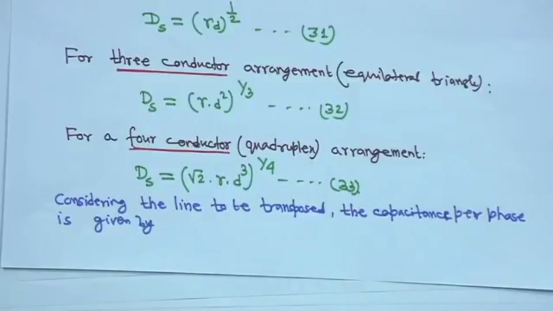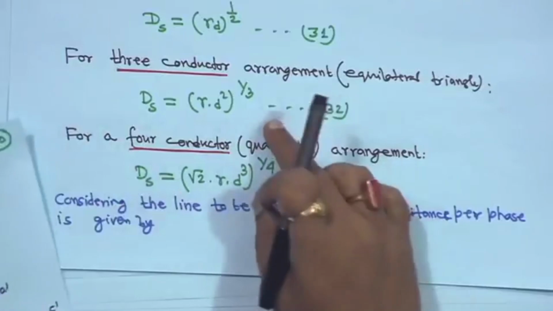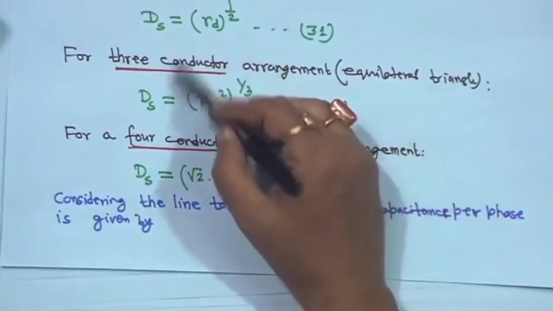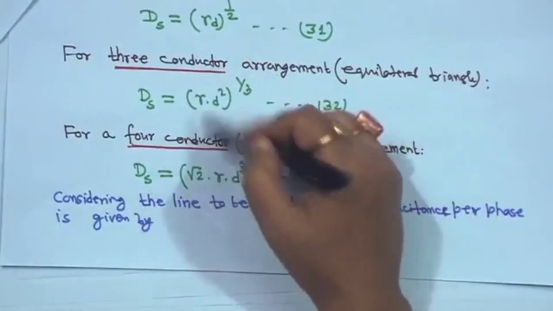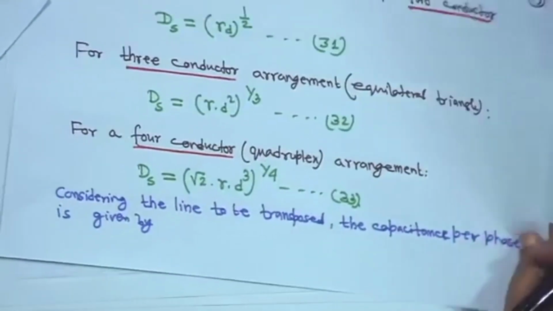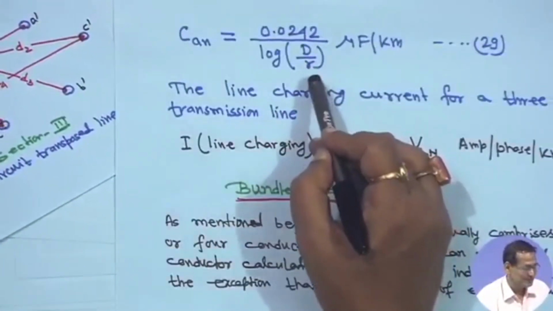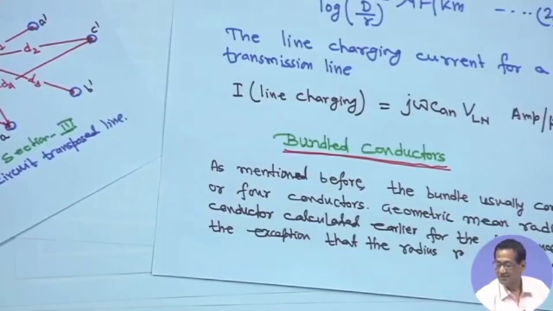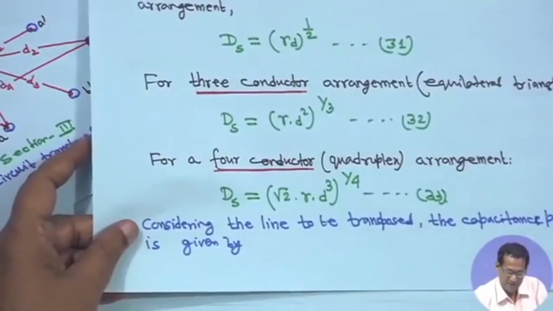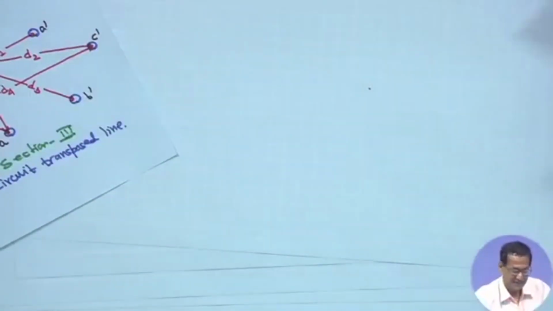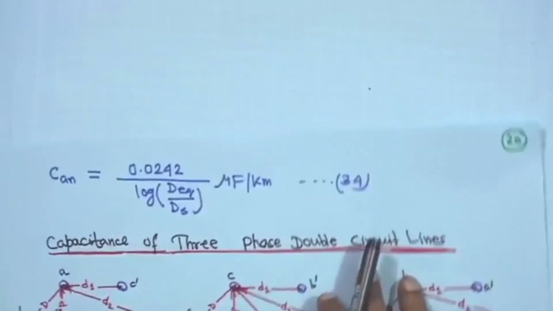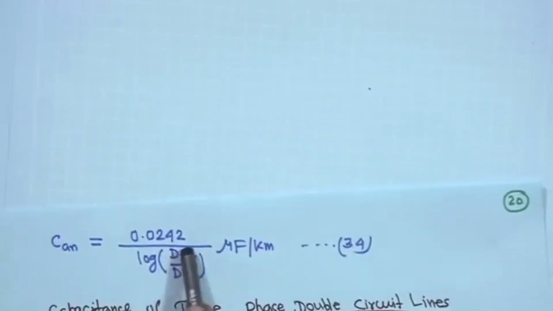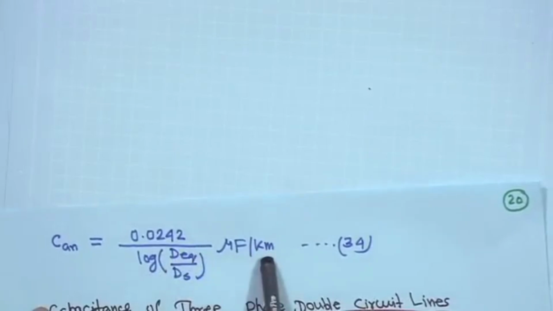So, considering the line to be transposed, the capacitance per phase is given as follows. If you assume the line is a transposed line, you have this kind of conductor arrangement instead of plain A, B, C. Instead of log d upon r, in general we can write CAN is equal to 0.0242 upon log dEq upon ds microfarad per kilometer.